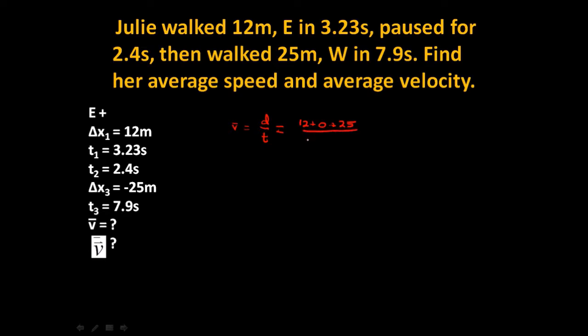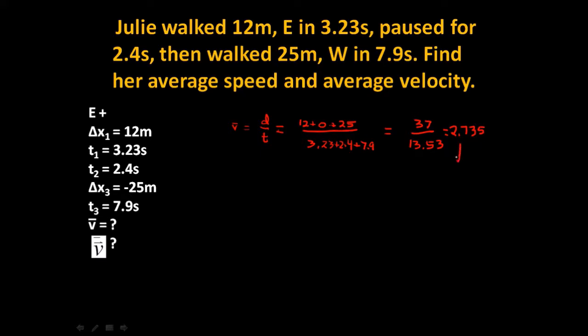Divided by a total time of 3.23 seconds plus 2.4 seconds plus 7.9 seconds. And so we get 37 divided by 13.53 seconds. When we divide that out, you get an answer of 2.735 and a little bit more stuff meters per second.